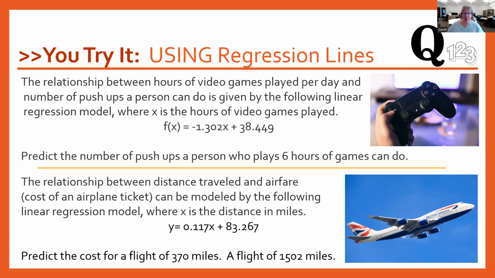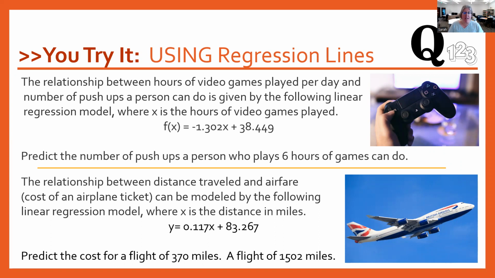All right, so hopefully you gave that a try. Let's look at this first one. It says the relationship between hours of video games played per day and the number of push-ups a person can do is given by the following model, where X is the hours of video games played. So our explanatory variable is going to be the hours of video games played per day, and our response variable is going to be the number of push-ups.